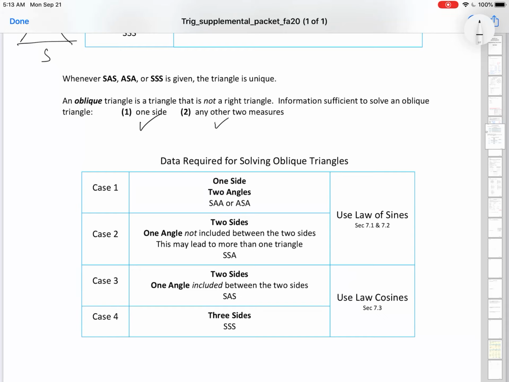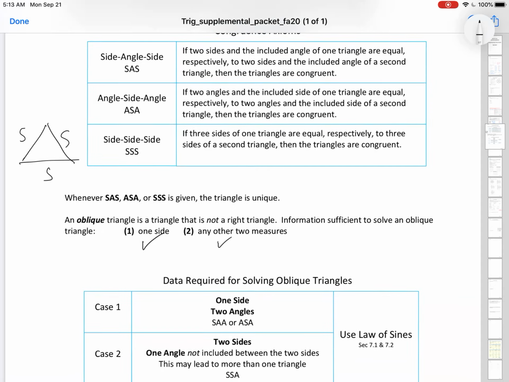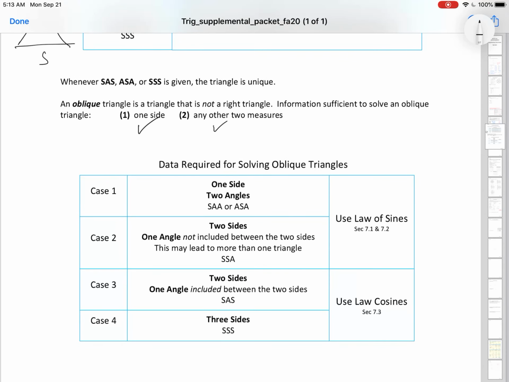Notice we didn't do side angle angle up here. If you know two angles and a side, you're guaranteed to be able to solve the triangle uniquely by using what we call the law of sines. And that's going to be presented in this section and then the following.